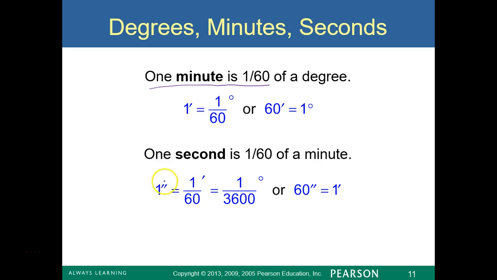And then 1 second is 1/60th of a minute. So we're going to do some calculations and converting decimal degrees to degrees, minutes, seconds, and vice versa. And that's where this is going to come in useful.